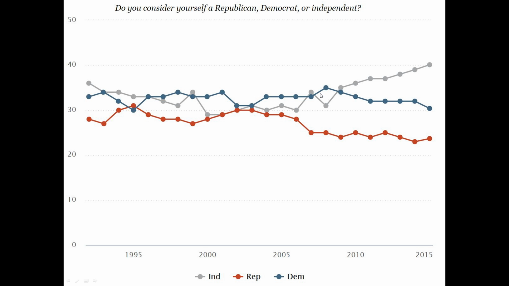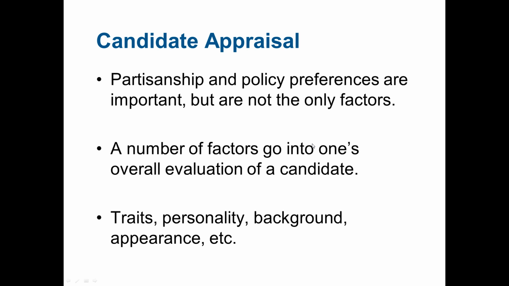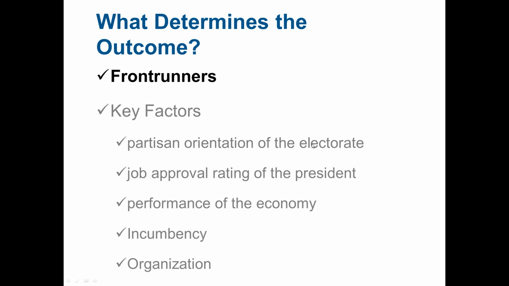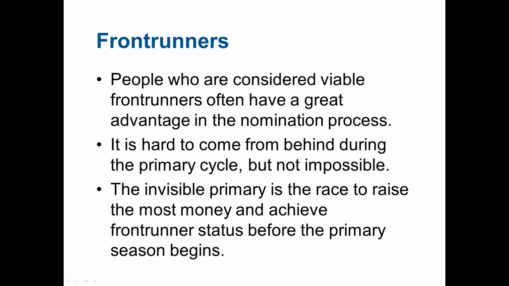And they do really well in 2008, though, as we said, electoral outcomes aren't always a guarantee just based on the partisan balance. The Democrats just ended up losing the presidency, even though they maintained this advantage. So, overall, you want your party to have an advantage as far as identification goes, but it's by no means a guarantee.